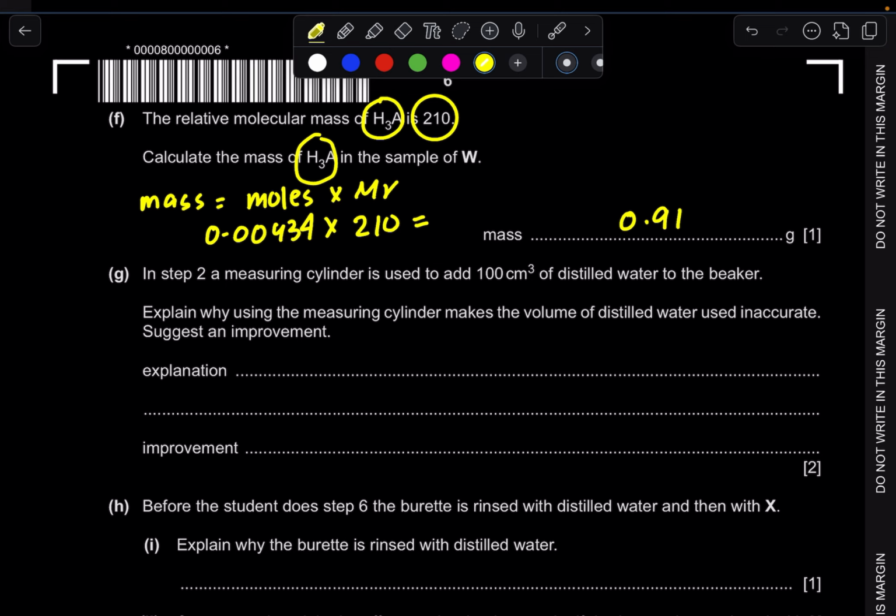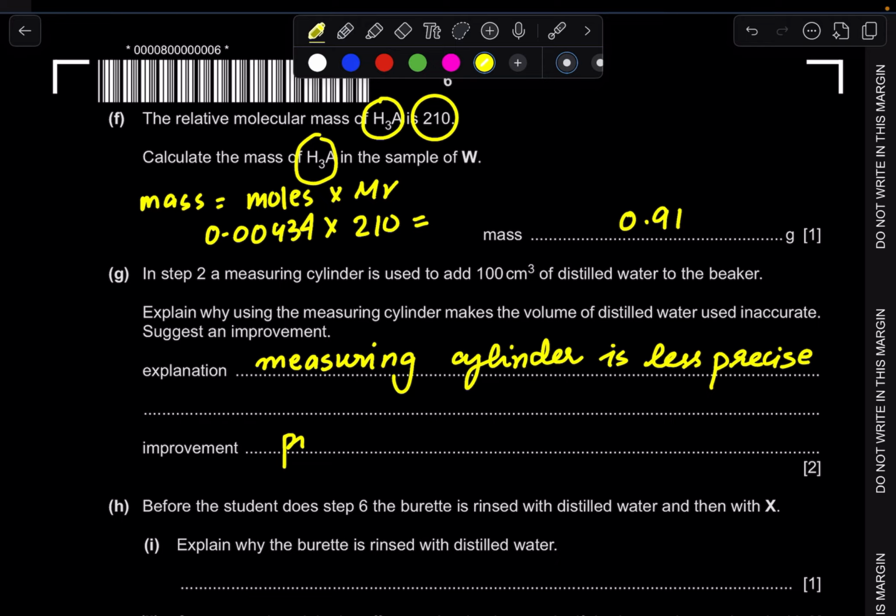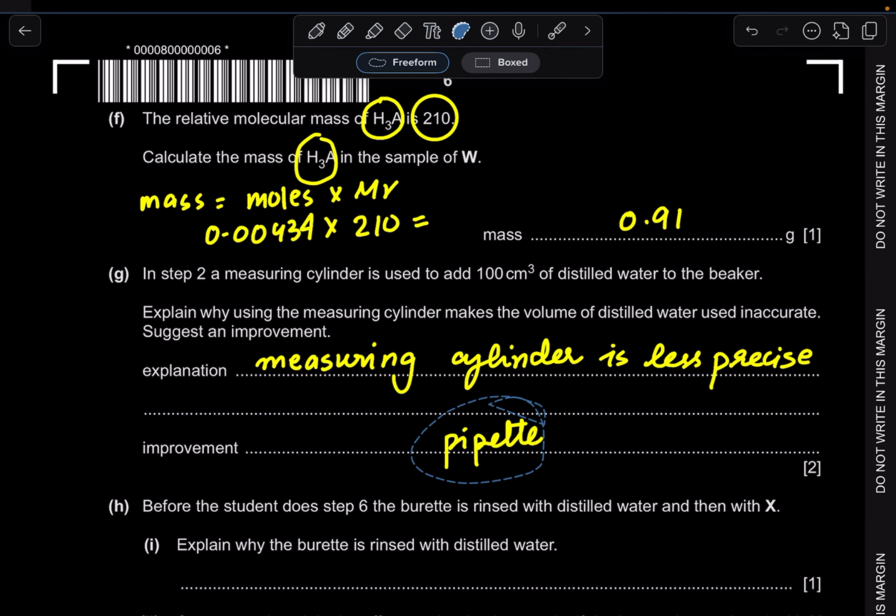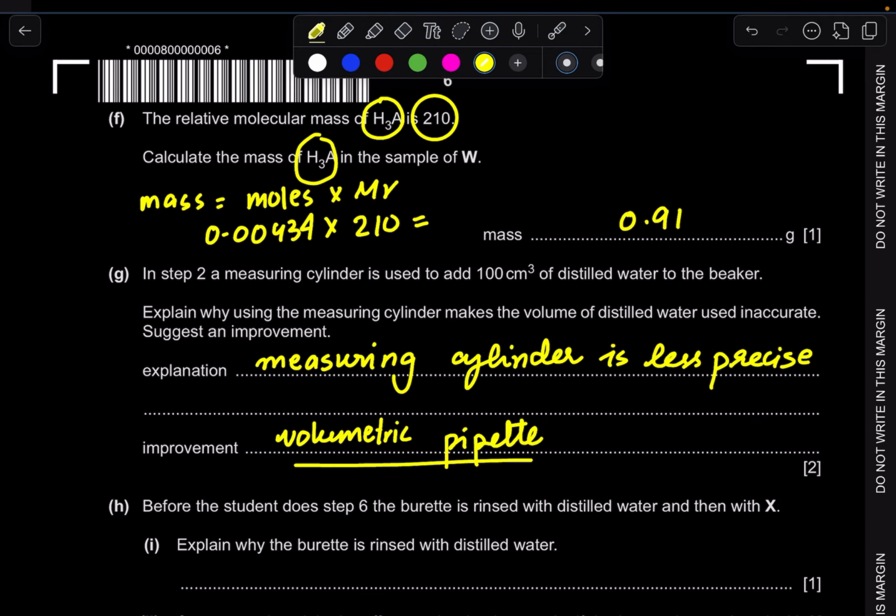So the explanation is that a measuring cylinder has a lower precision, it is less precise, and the improvement can be that we can use a pipette, or a better word, a volumetric pipette, because a volumetric pipette is going to measure an exact volume.